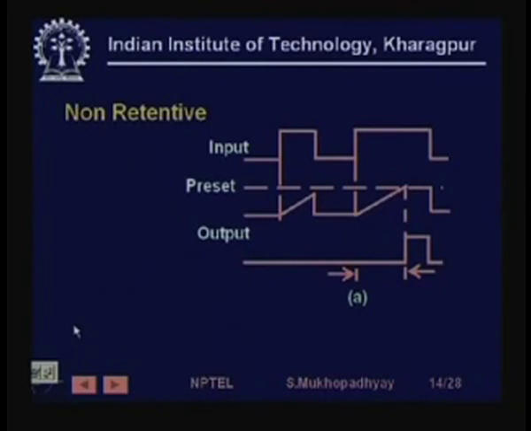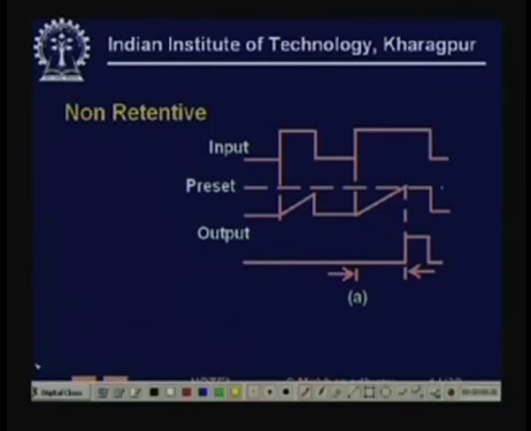Next, we again can classify timers into two ways. One is called retentive timer, another is called non-retentive timer. For a non-retentive timer, what happens is that the input here goes up. So, the timing register starts increasing, suppose it is an on delay timer.